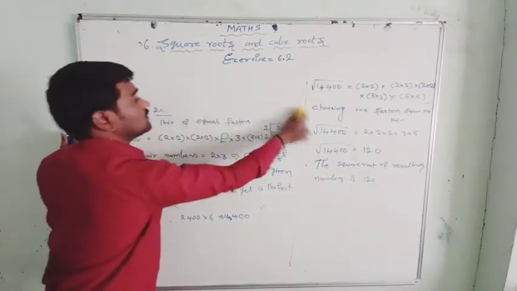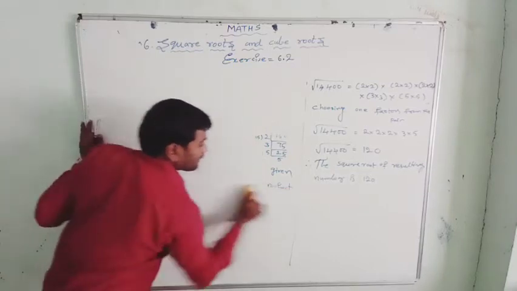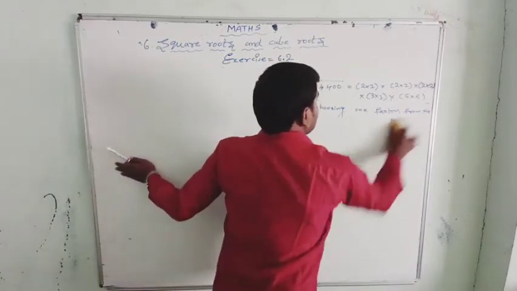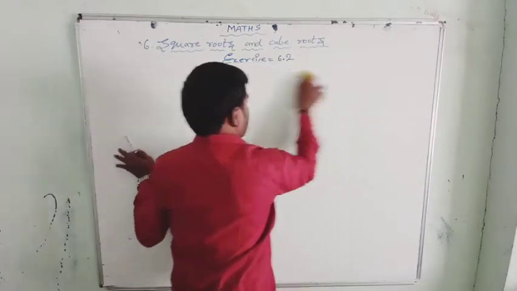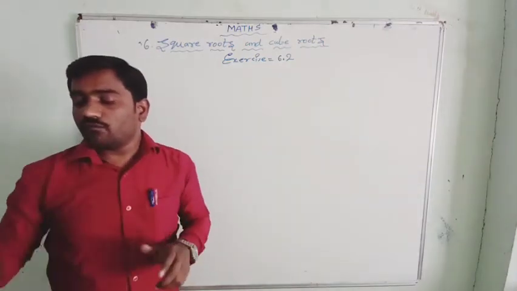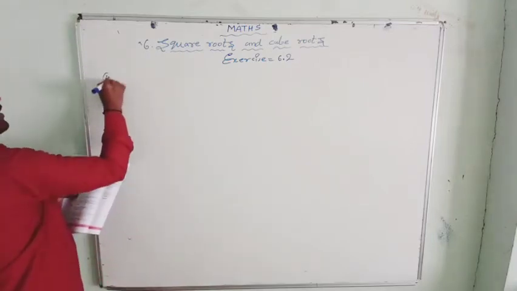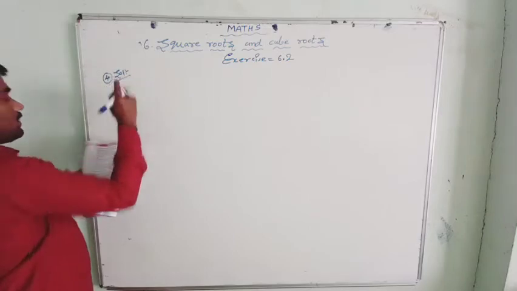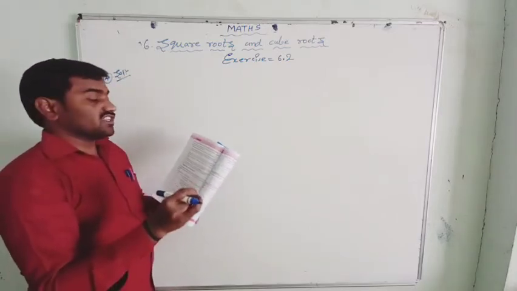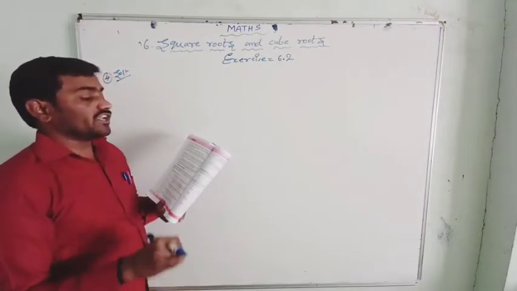Third question done. Next, question number 4. Find the smallest number by which 7,776 must be divided to get a perfect square.